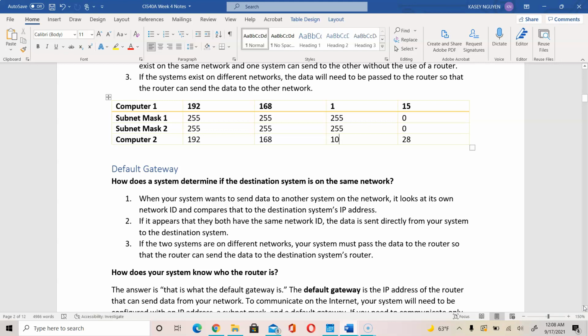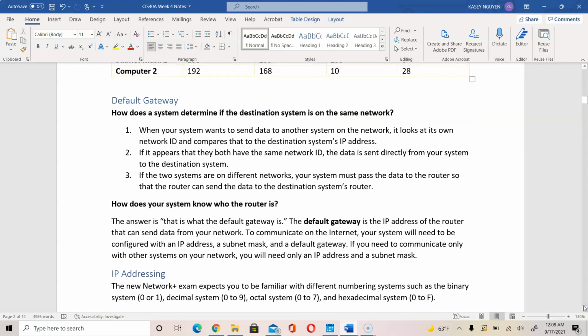So how does it really know who is the router? The default gateway is the IP address of the router, and it would use that IP address to communicate with external networks, such as other networks on the internet. And so you would need to include the gateway in your IP configuration, as we've done in the first lab.